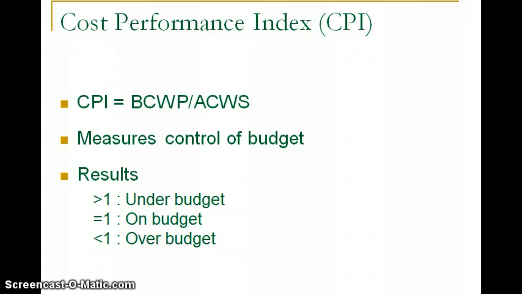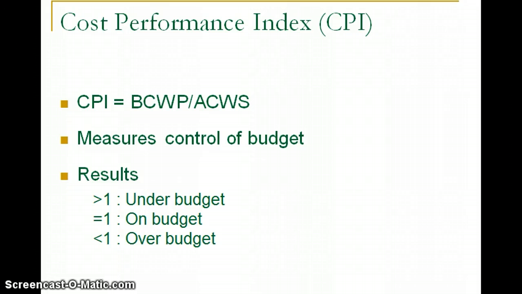So in simple terms, you compare the budgeted cost over the actual cost. If the CPI is equal to 1, then we can say that the project is on budget. If it's less than 1, it's over budget. Anything greater than 1 would be under budget.